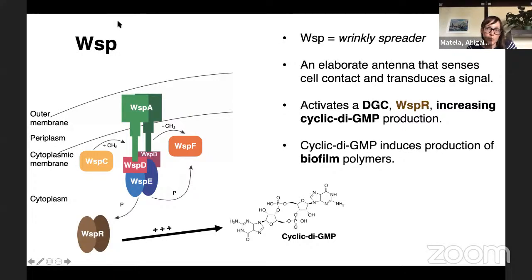The WISP or Wrinkly spreader pathway is essentially an elaborate antenna system that senses cell contact and then transduces a signal that will activate a DGC, WISP-R, and that increases production of cyclic di-GMP, which then increases production of biofilm polymers.